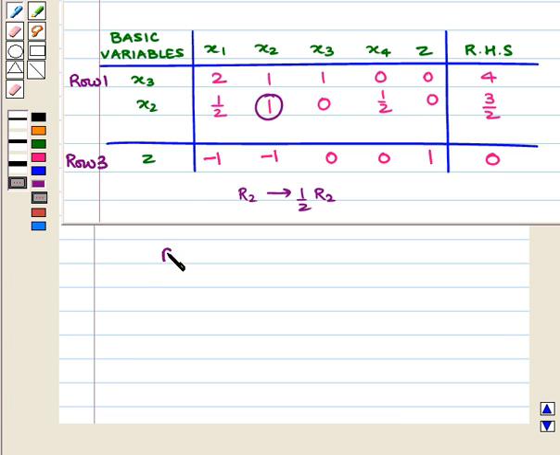Here Rp is R2 obtained by dividing pivot row by 2.